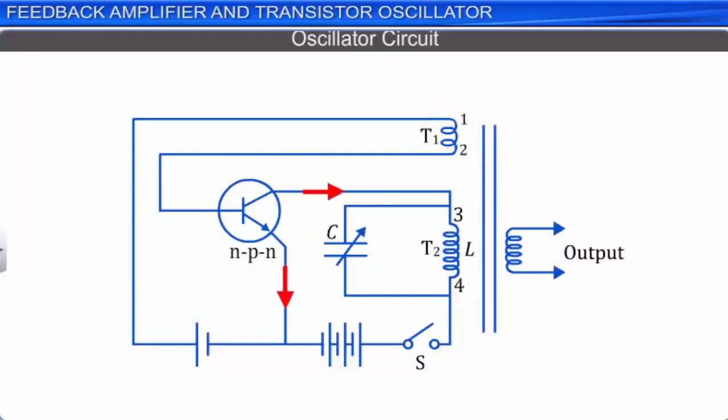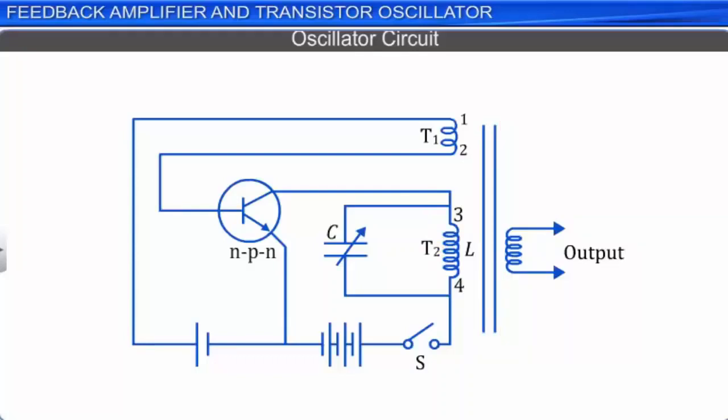The output circuit of the transistor is connected to a coil T2 across terminals 3 and 4. Note that coil T2 forms a part of the LC circuit used for the feedback network. Coils T1 and T2 are wound on the same core so that they can influence current in each other through inductance.